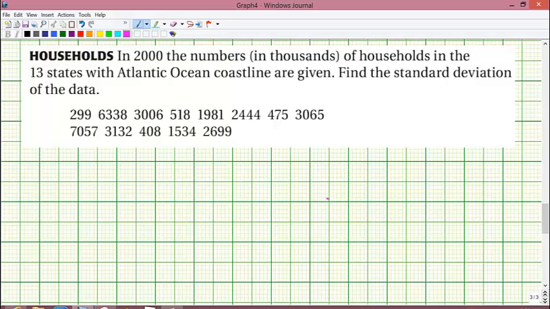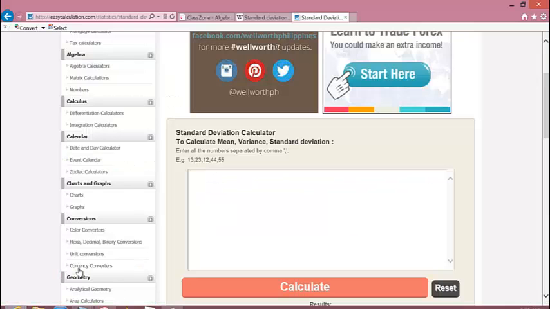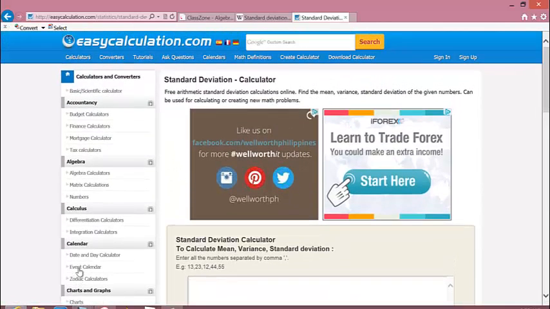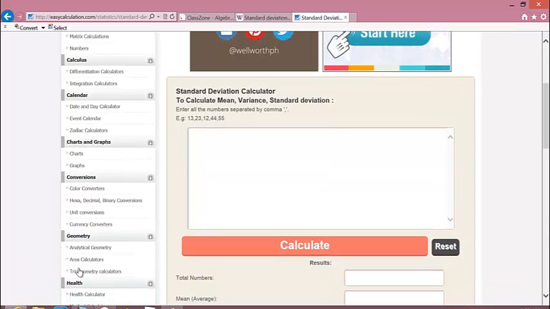I think I'm going to find an online calculator, and the one I've located is here. Now, the website is easycalculation.com, and all I did is in the search box I typed in standard deviation, and it took me to this page here, the standard deviation calculator, to calculate mean, variance, and standard deviation. Then you just enter the numbers separated by a comma, which is what I'm going to do now.